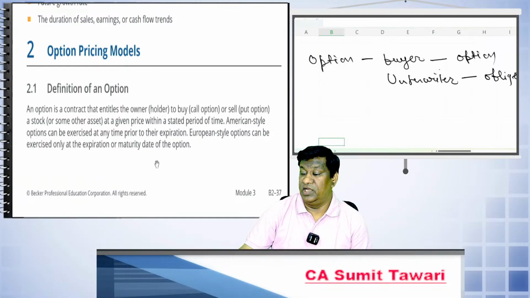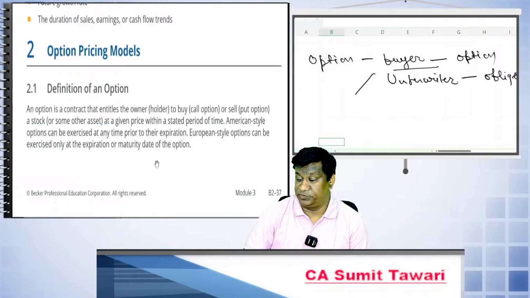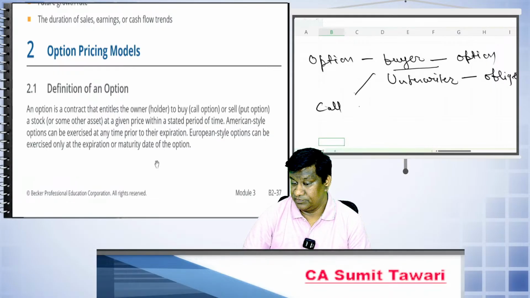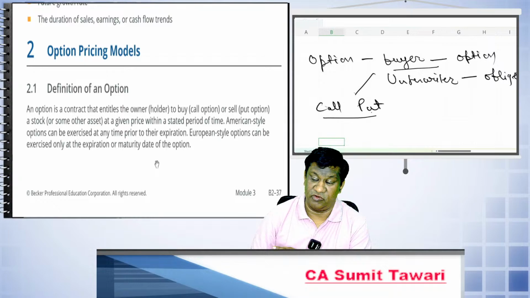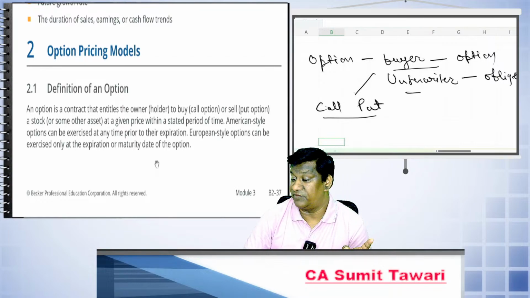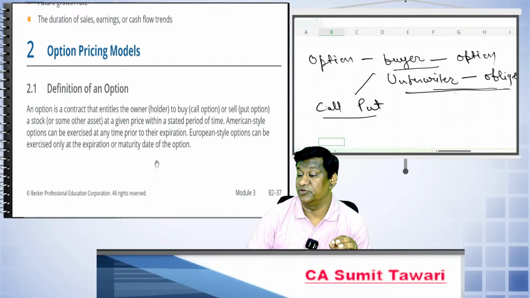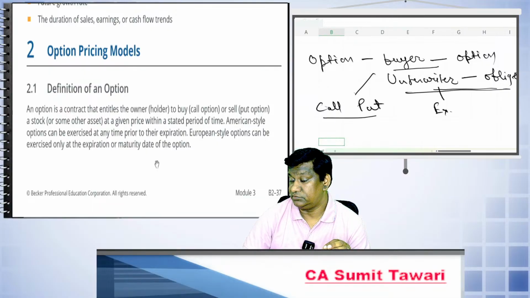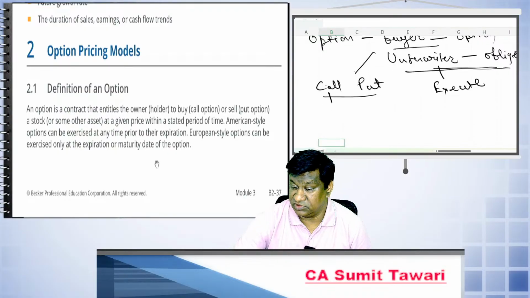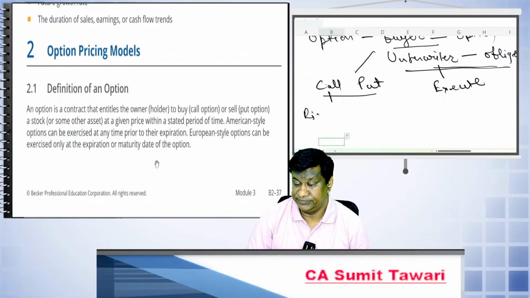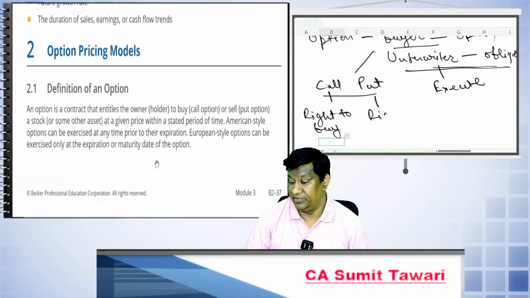Okay. So like a buyer of the call option or put option can exercise the option at their will. They can enter into the contract or they can rescind the contract. But the underwriter needs to compulsorily execute the contract. Okay. Then the call option means the right to buy, and the put option is the right to sell.